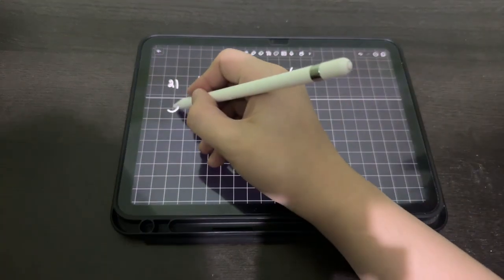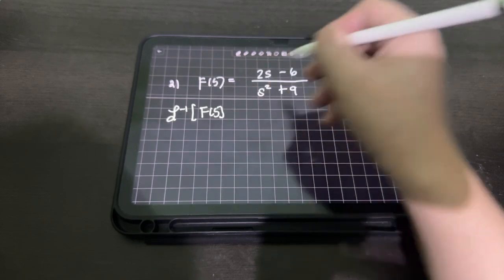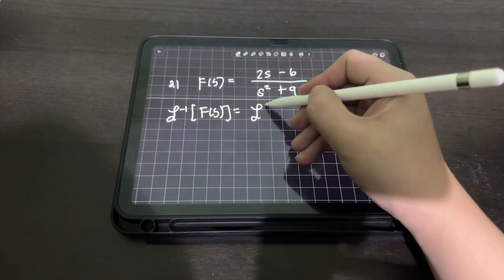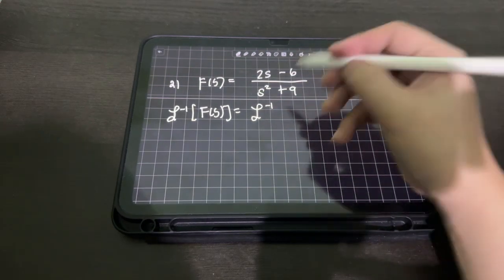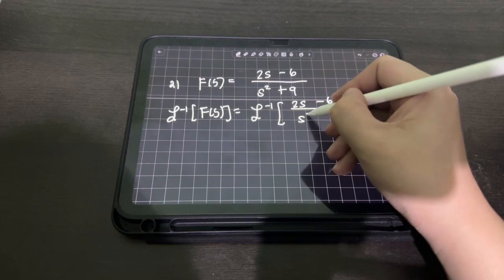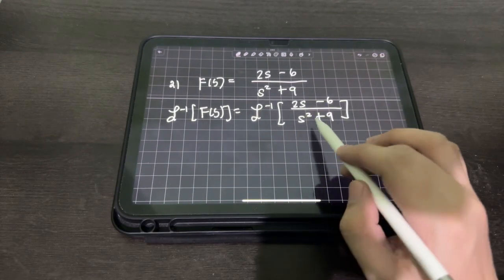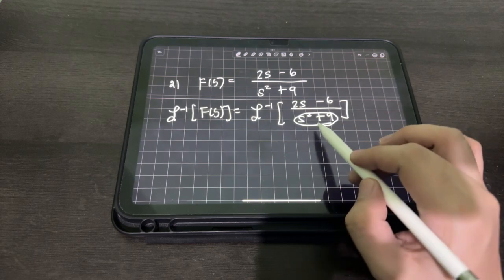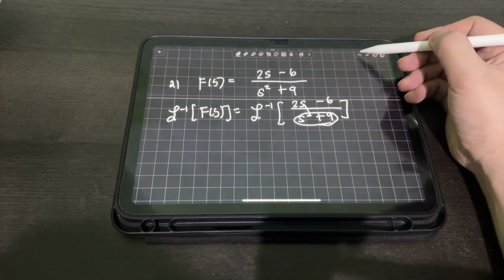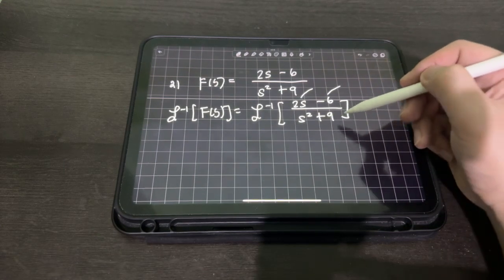Getting the inverse Laplace transform of F of s, we have the inverse Laplace transform of the given function, 2s minus 6 over s squared plus 9. Notice that we can divide each term of the numerator by s squared plus 9.